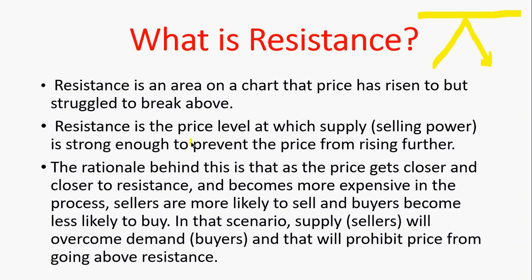Hence, buyers will begin to withdraw because they will not be seeing a better deal to buy at a cheap price. Sellers will be selling at a high price, so they will be seeing a greater deal of selling. Sellers will begin to sell and make more profit.